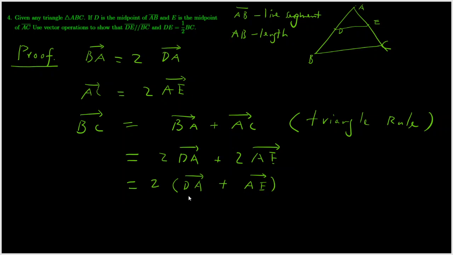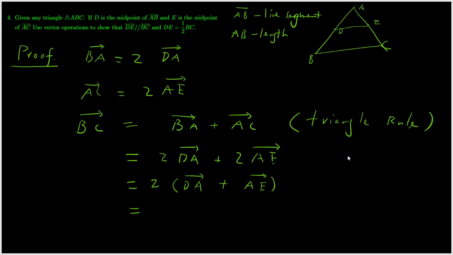Now look at the sum of the two vectors in brackets. So in the brackets, tell me dA plus AE. So how do you want to write dA plus AE using one vector? I was trying to ask you, so what is DE?